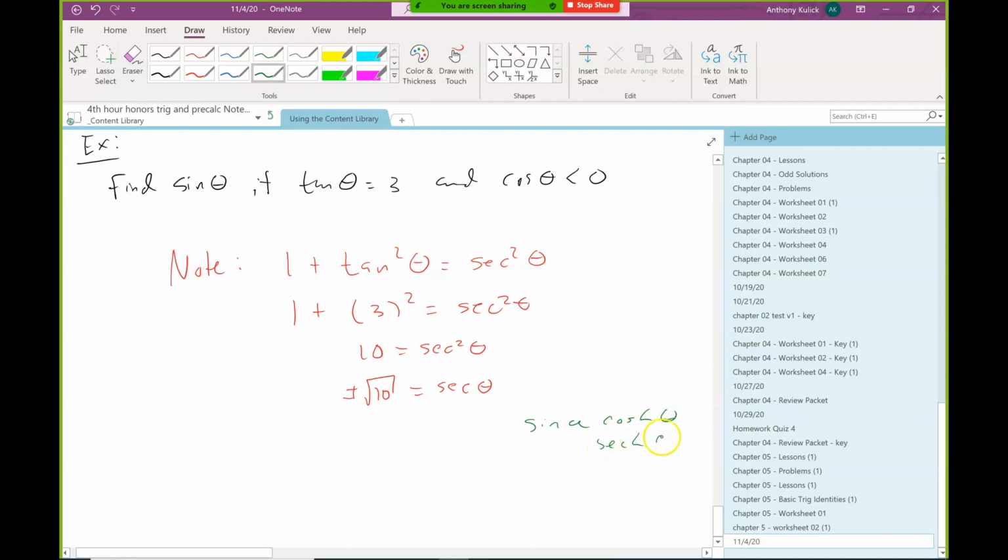And now I can say that using the reciprocal identity, cosine is going to be the reciprocal of secant. We good there? Now I'm going to look for an identity that involves cosine and sine, or since I know tangent, I could look for cosine and tangent and sine.